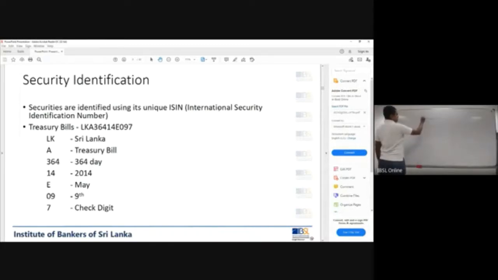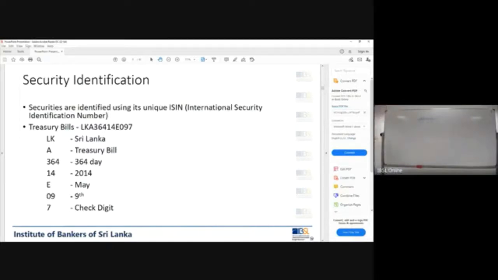LKA 36414E097. The first two letters, LK, mean Sri Lanka. So if it was US, it would have been US. A means treasury bill. If it was a bond, it would have been B. 364 is the tenor that it was originally issued for. This is a 364-day treasury bill when it was originally issued.